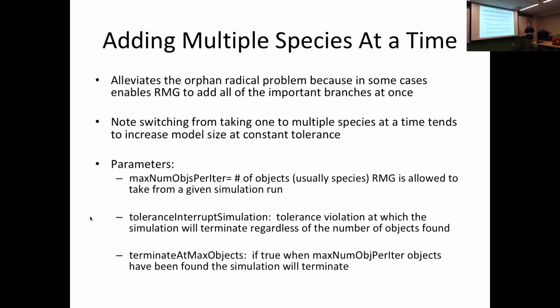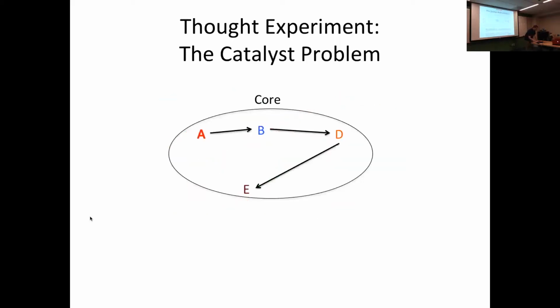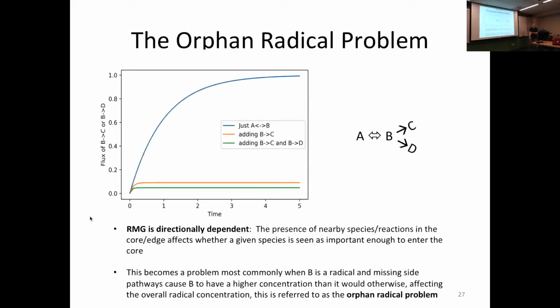Adding multiple species at a time alleviates this problem because it enables RMG to add all of the important branches at once, potentially. Say if you're adding 5 species at a time, you can have the case where you add both C and D at the same time, if they're relatively close in flux and your interrupt tolerance is high enough. If the flux to C and the flux to D are similar, they can reach the same rate in this initial step.